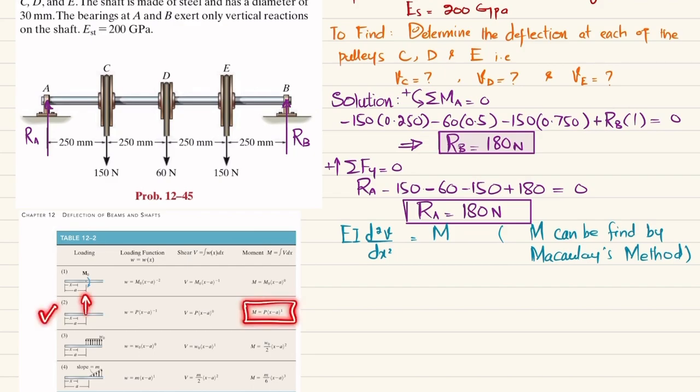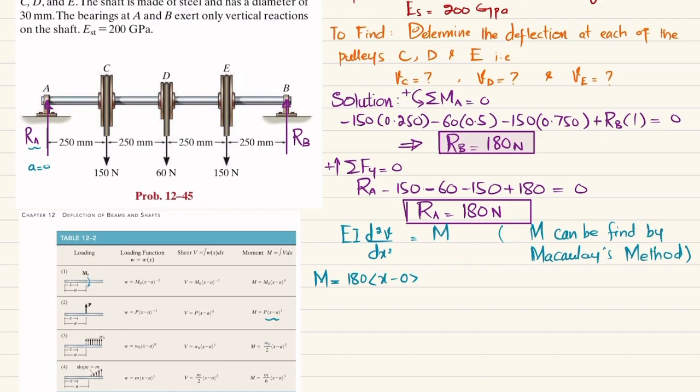The load is upward, so the moment is positive. So I will write the moment. The first force is RA, which is 180, and this is upward, so this moment will be positive. So RA is 180 into x minus A. A is 0 for RA, so x minus 0 power 1.